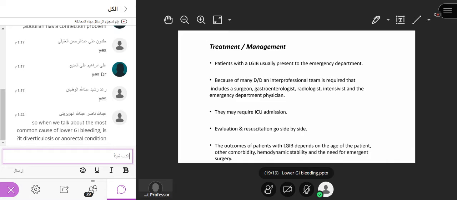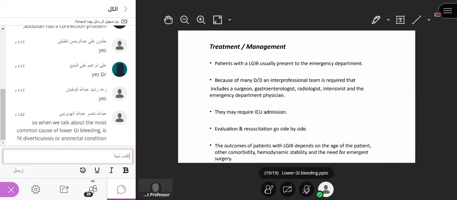All these things mean a bad prognosis. Outcome means prognosis. If these conditions are not there, then the prognosis will be relatively better. So this is all about lower GI bleeding.